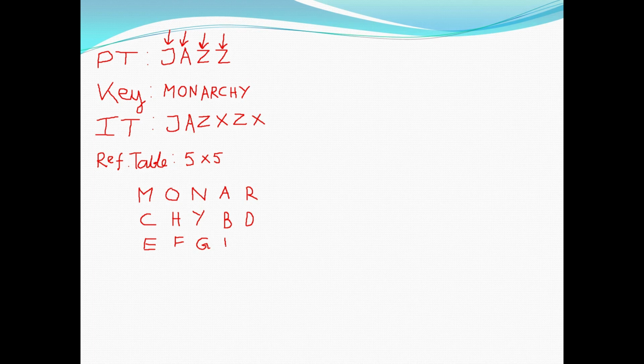H is used, sorry, G, H, I, and I and J are considered to be the same here, so you have to write like this, because J is also not used.